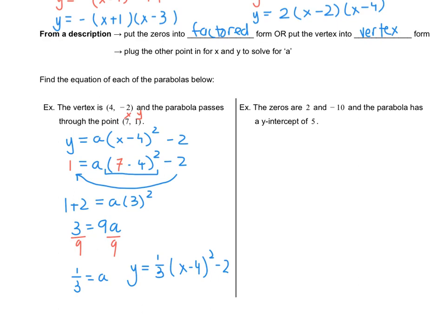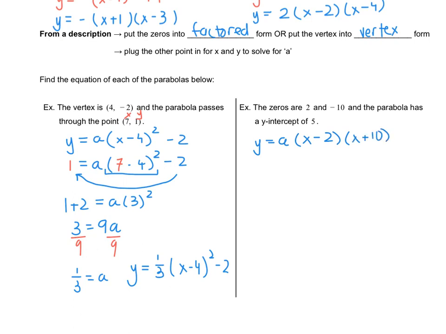Now, let's try a zeros example. So the zeros are 2 and -10, and our parabola has a y-intercept of 5. So let's start with the zeros. I'm going to write my a, and for my first bracket, the 0 is 2. So I'm going to write x minus 2, remember the opposite sign. And then we have -10, so I'm going to write x plus 10.